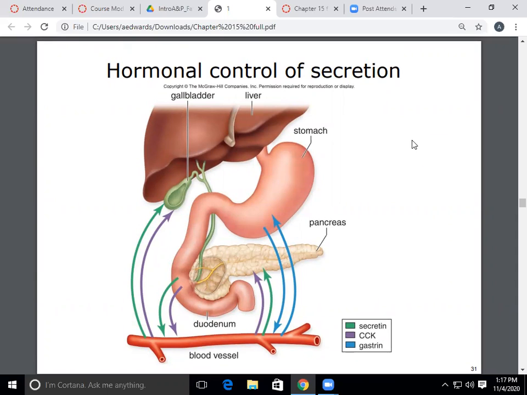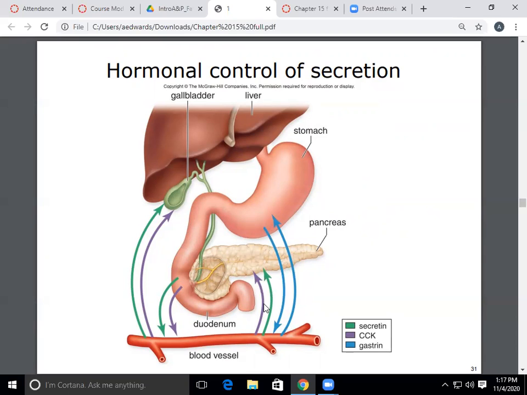So here shows you a little bit of the hormonal control of your secretion. You can see there's feedback here going kind of in a loop. Gastrin can be secreted from the stomach, can also go to the blood vessels and back to the stomach.